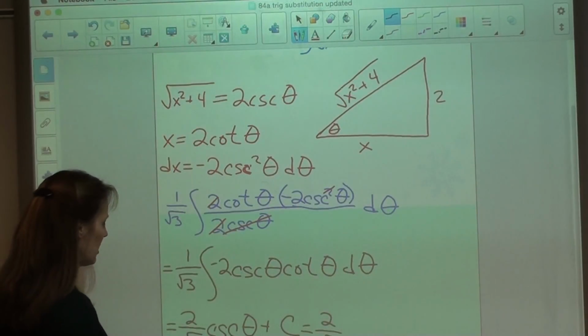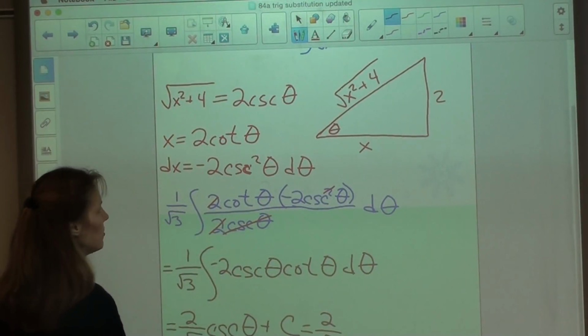Alright, so cosecant, so hypotenuse, and cosecant.